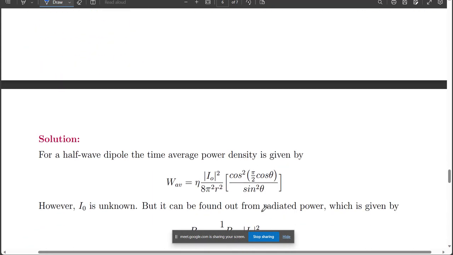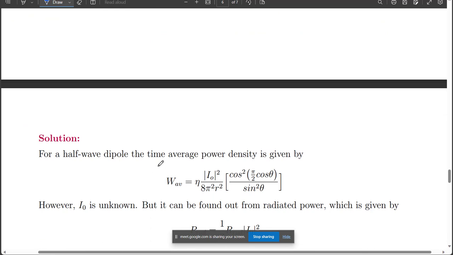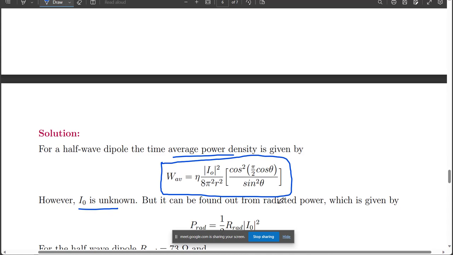So the formula for the average power density of a half wave dipole is given as this. Now in this formula, I naught is unknown to you.